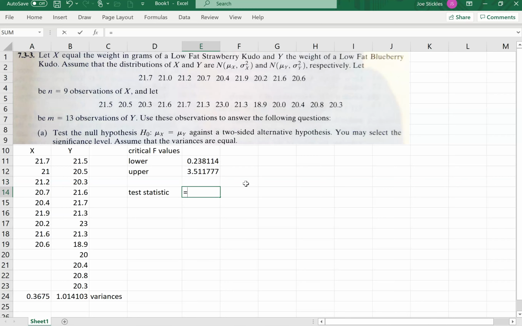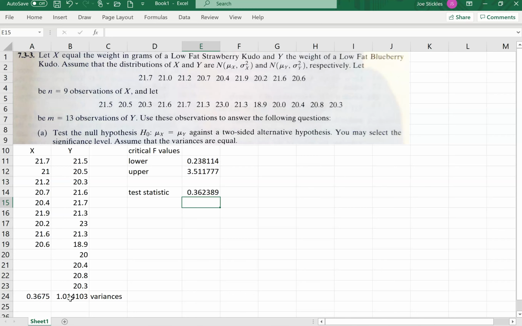All right, so since I did 8 and 12 for numerator and denominator, that means I was using x to be the numerator and y to be the denominator. So when I do the test statistic, I want to take the x sample variance and divide it by the y sample variance. And I get 0.362-ish.